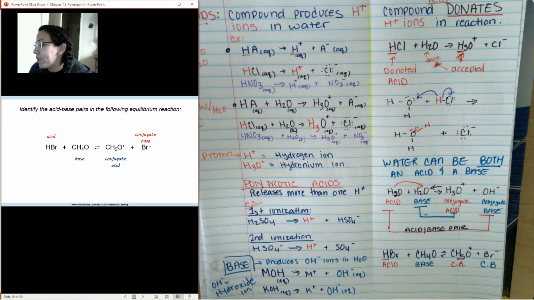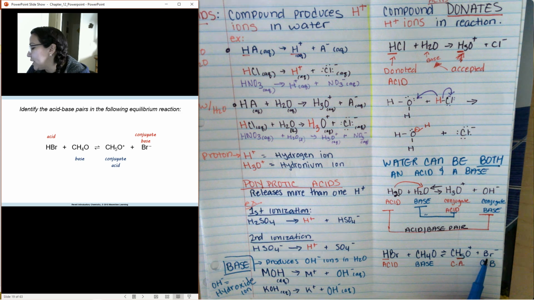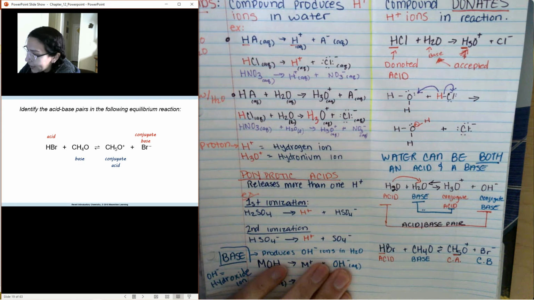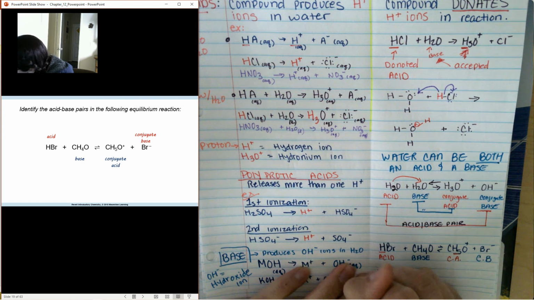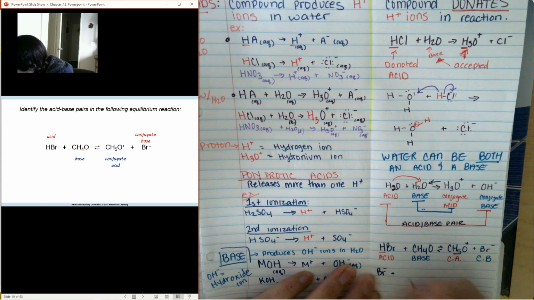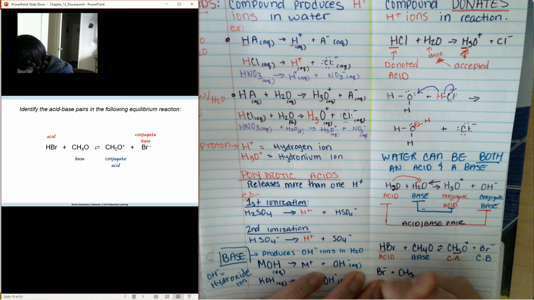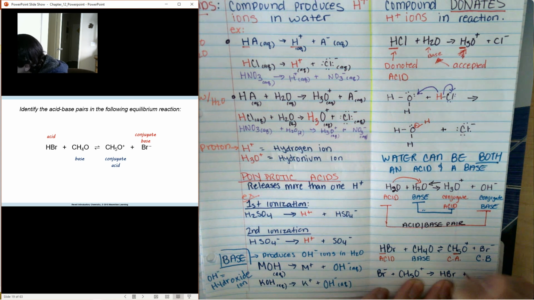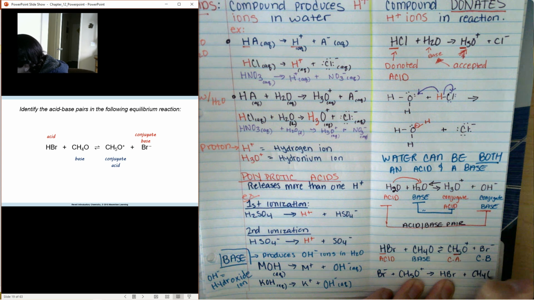Because if we were to flip it over, this one here is going to accept that hydrogen ion. So it's going to behave as a base if you go reverse. And let's go ahead and rewrite it in the reverse format just so we could see that. So bromine plus CH5O is going to produce the hydrobromic plus CH4O.